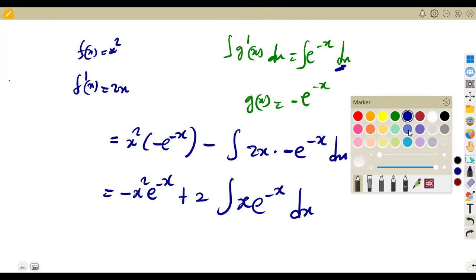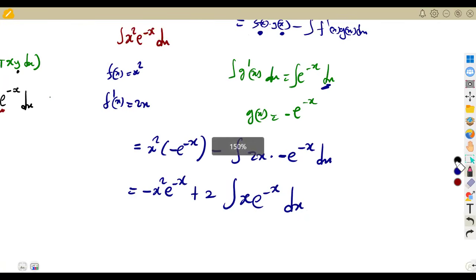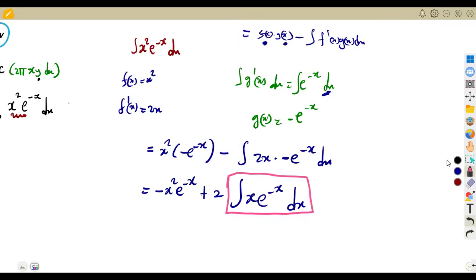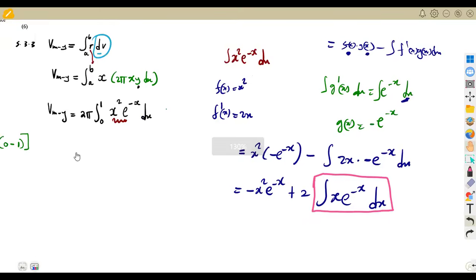But guys, what is it that we are seeing here? If you take a closer look, this is why when I'm saying be careful also, because this part here, the integral of x e to the exponent of minus x, if you check properly, is the one that we had here on our integrals.